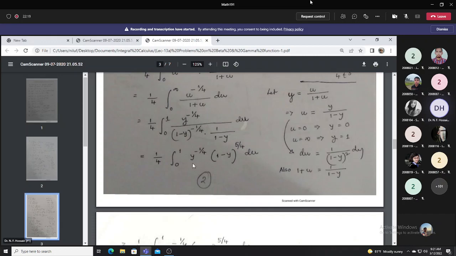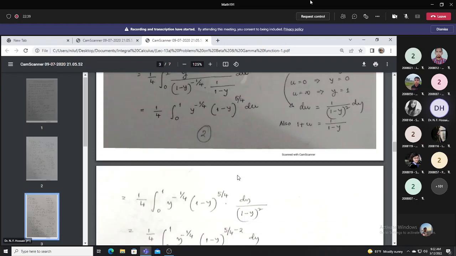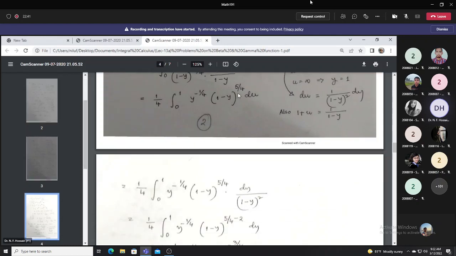It is y to the power minus 1 over 4, and here it should be 1 minus y whole to the power minus 1 over 4 minus 1. That means minus 5 by 4. If you take it to the upper side, it should be 1 minus y whole to the power 5 by 4. Now we are very close to the expression for the beta function. Just to write the powers properly, you see here it should be 5 by 4.